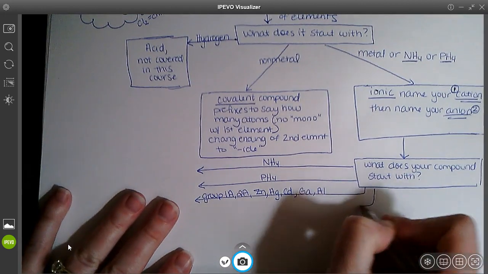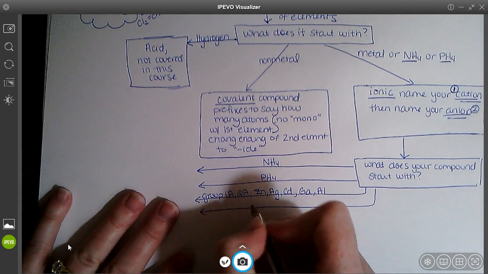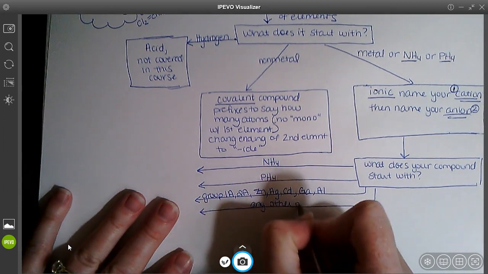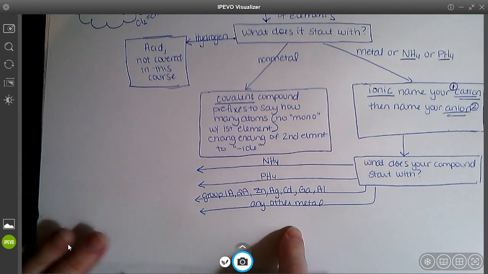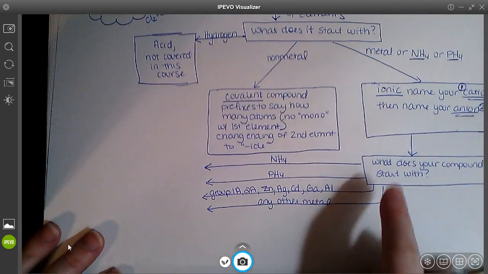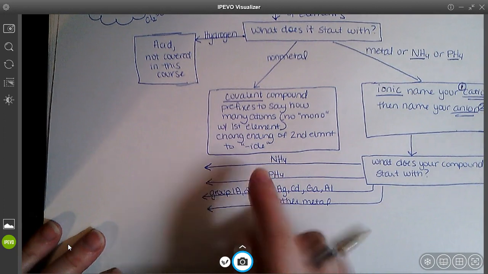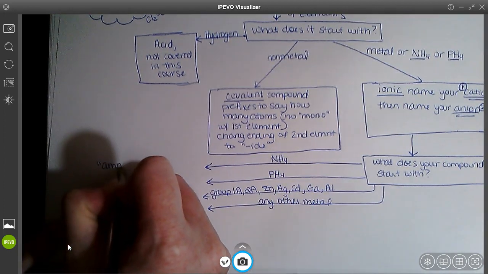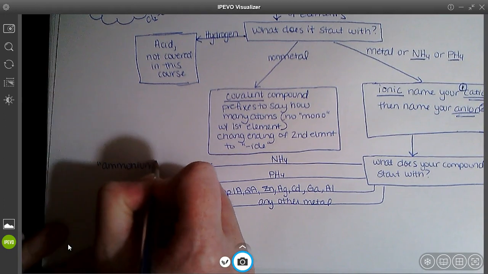If it starts with any other metal, you'll follow that line. All right, so let's start with this. If it starts with NH4, ammonium. That's the name. Just write it.